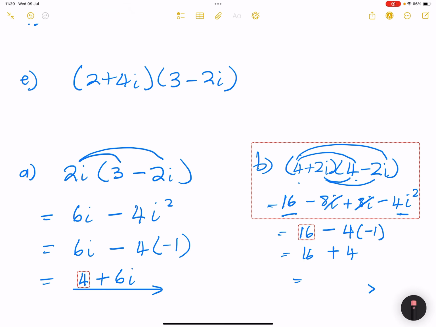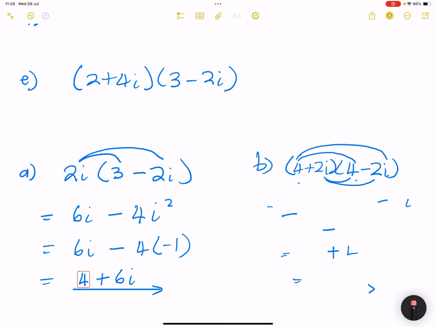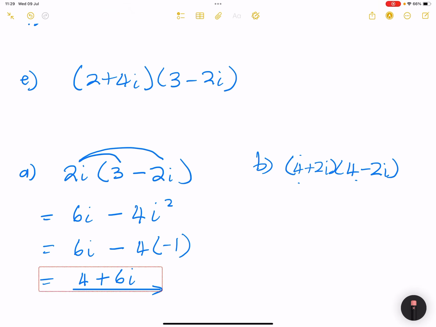But quickly, before I continue, I want us to be able to, in future, apply the difference of squares. Whenever you've got two brackets that are exactly the same inside but with different signs, what did we say? We said these can be the difference of squares.